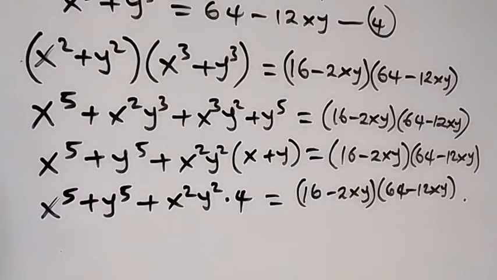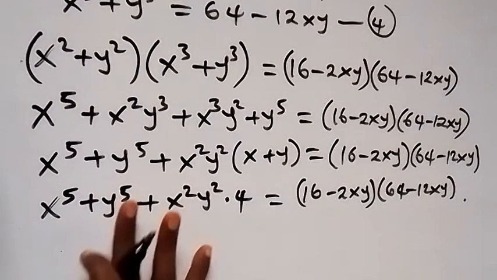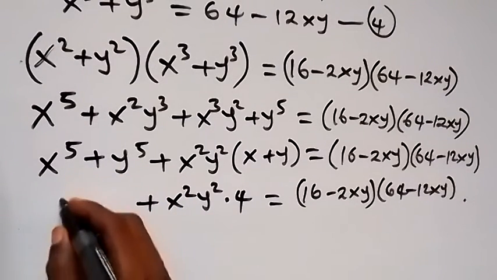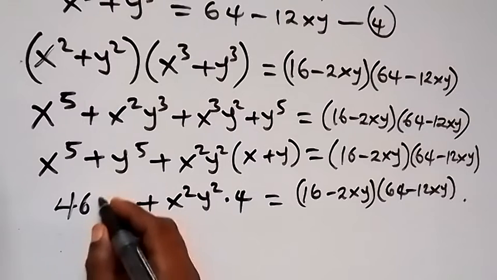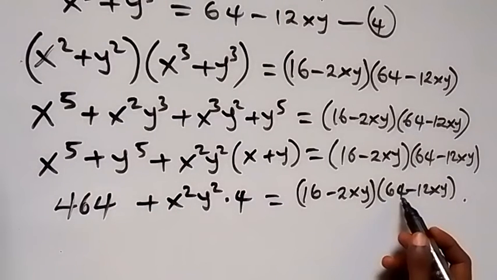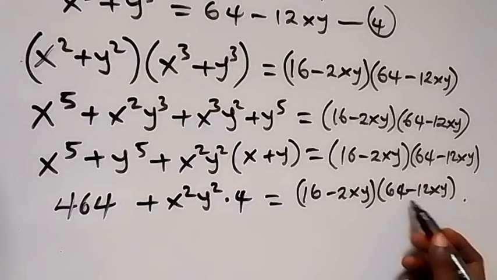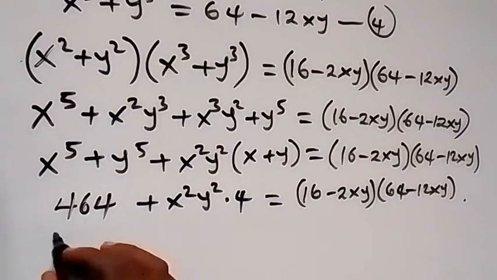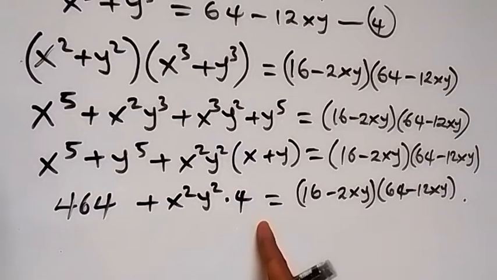Then let's substitute for x raised to power 5 plus y raised to power 5 directly from equation 2, which is 464. So we have 464, and we can also factor 4 out of the left hand side.